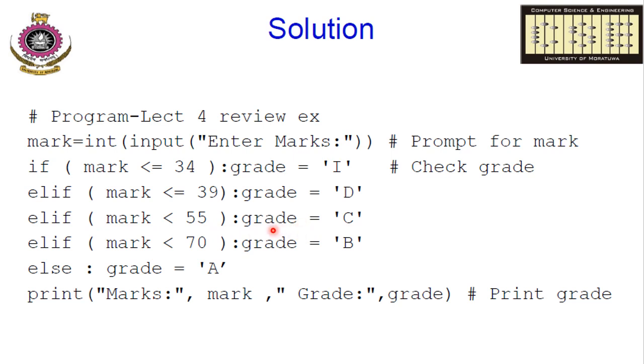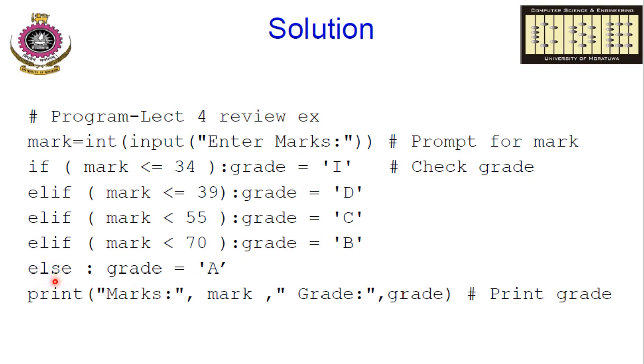That is, if that condition is fulfilled, the grade will be assigned C. In the fourth line, once again we have another else if checking whether the mark is less than 70, and if that is satisfied, the grade will be assigned B.